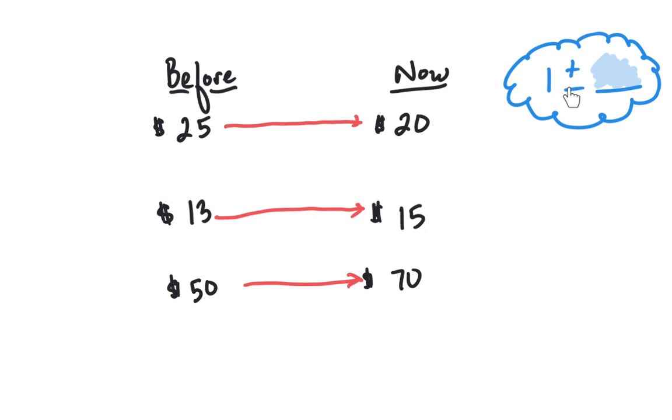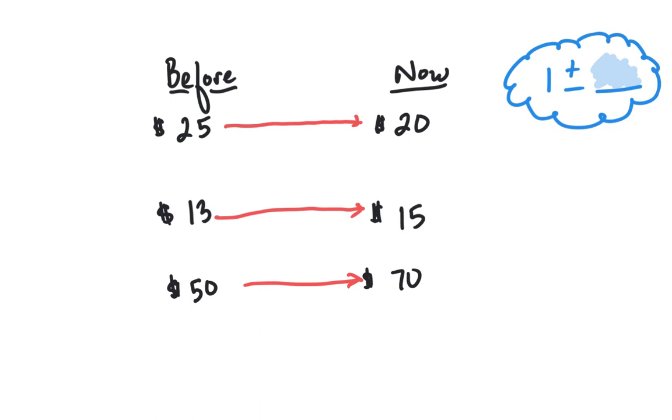And I put this little symbol, if you haven't seen this before, this means plus or minus. It basically says, if we increased, we did 1 plus a rate. If we decreased, we did 1 minus a rate. So we might have to do some solving to figure that out. Now, what we have to do is figure out what the multiplier was.